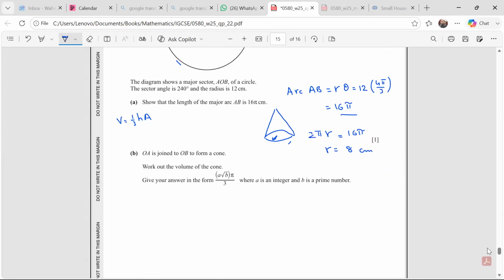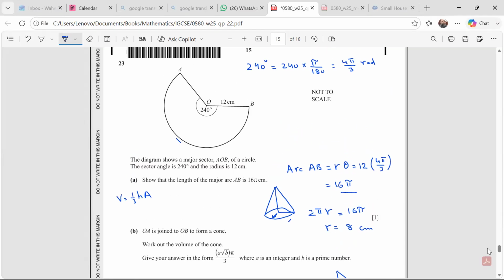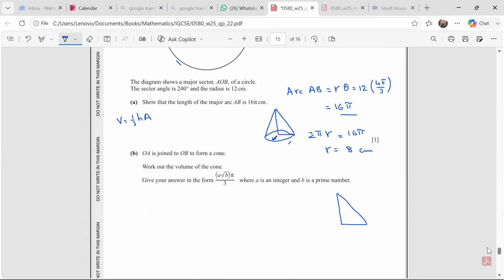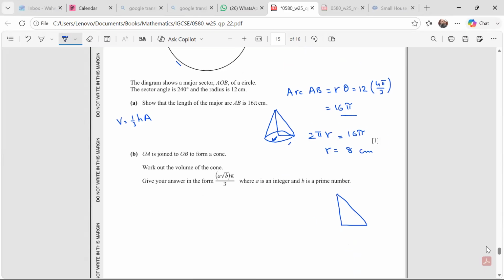Another thing. Consider this right angle triangle from here till here till here. This is the radius OA. When we join OA with OB, then it becomes a cone, and this side is basically the length OA or OB, and that was 12 centimeters.